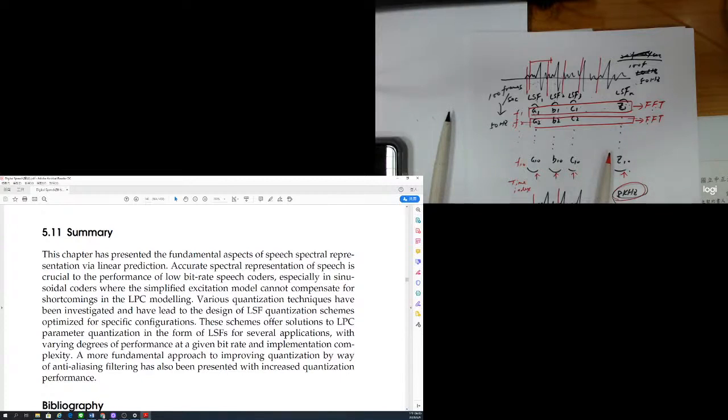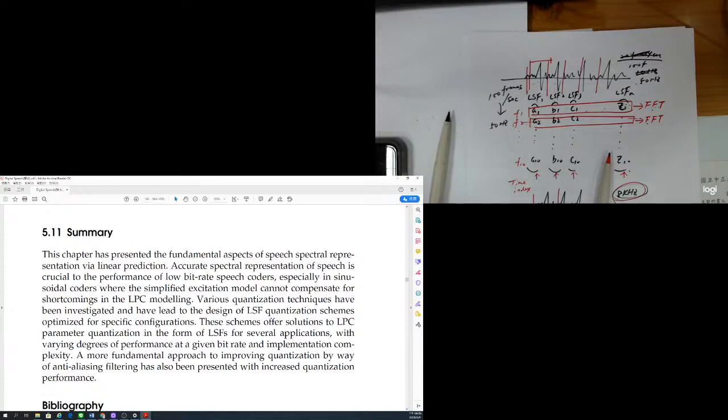So we talked about differential quantization or moving average. A differential quantizer has an error propagation issue, so we consider an average quantization. The main idea is based on the decoder. One approach is based on the decoded line spectrum frequency multiplied by a prediction coefficient, maybe 0.8, and then we subtract it from the next input vector to become a residual vector.